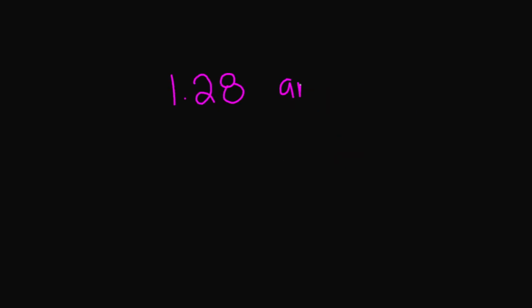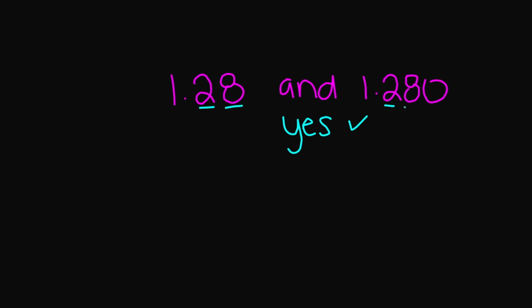1.28 and 1.280. Are these two decimals equivalent? Yes, these two decimals are equivalent, so this is yes. We have our 2, we have 8, and we have 0 here, and we also have our imaginary 0 here as well.